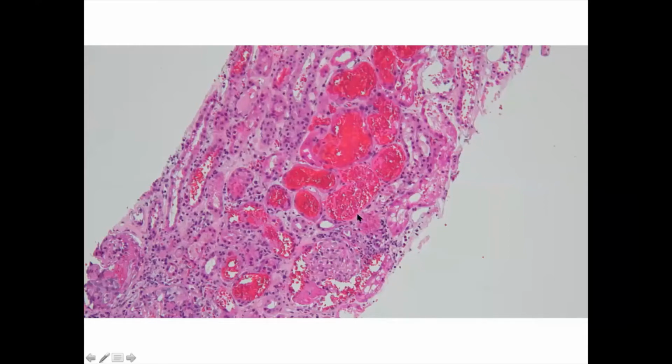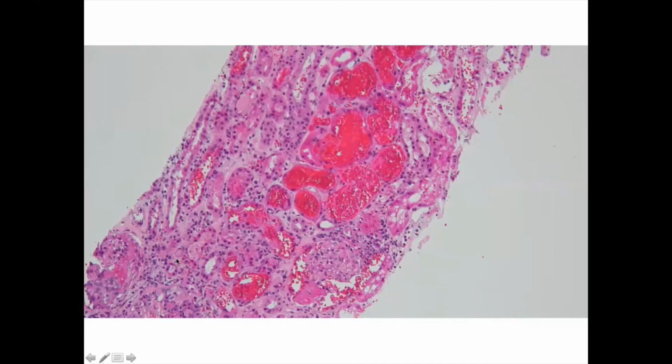Say for instance we didn't find a lesion, then we have to suggest a rebiopsy, especially if they have active sediment in their urine analysis. So in this instance, we actually can see the reason for the red blood cell casts.